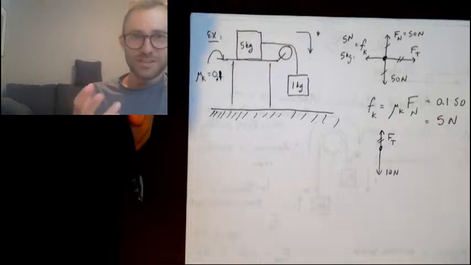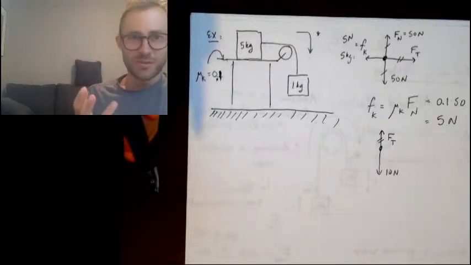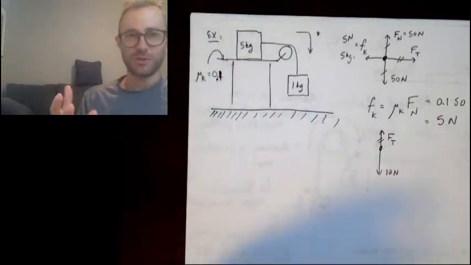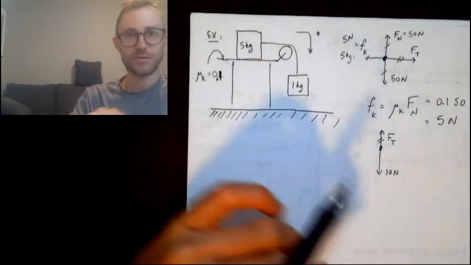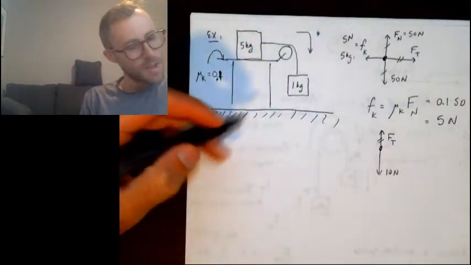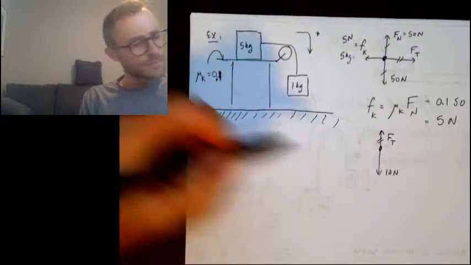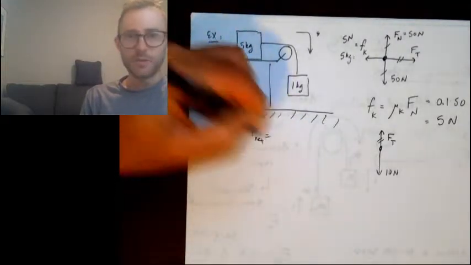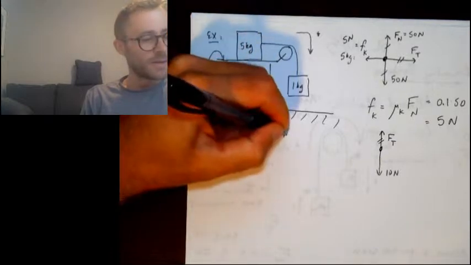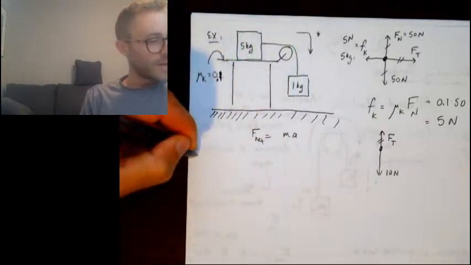When it gets tricky is if you don't know which direction it's going to move in. But this is your first physics class, so I'm always going to make it obvious which direction the masses are going to move. Okay?